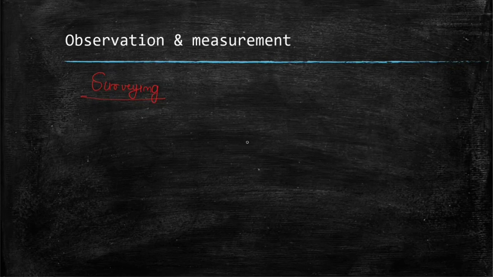Let's say this is a point A on the surface of the Earth, or some pillar, and there are some reference points, reference point 1 (R1) and reference point 2 (R2). Assume I want to locate point A with respect to R1 and R2.